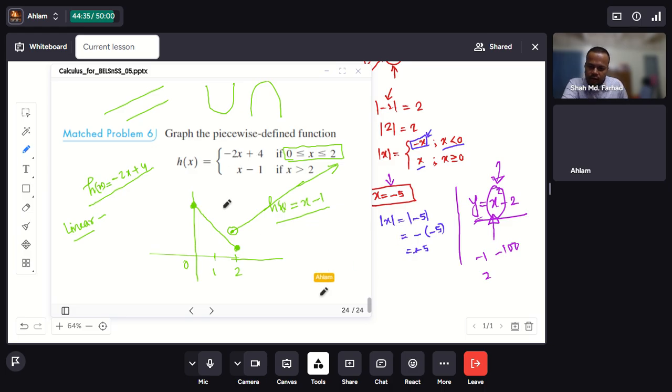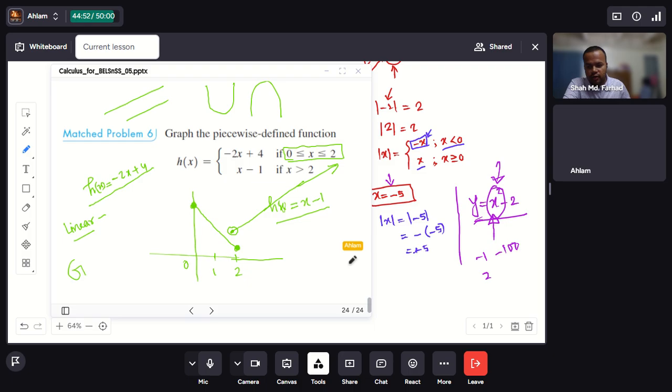I will discuss why this line goes downward and this one goes upward in our next session. That is totally based on the slope, which is called the gradient of a line.